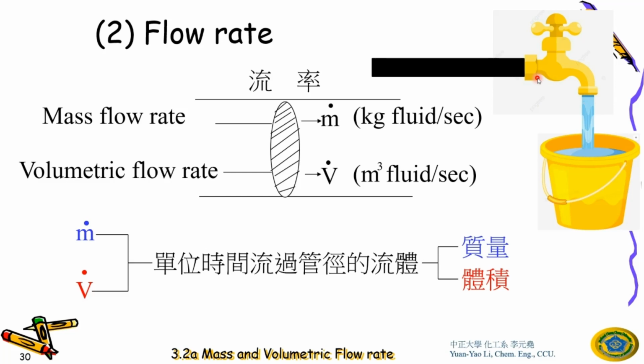So the mass flow rate is the mass divided by time, and the volumetric flow rate is the volume divided by time. That means you open for 1 second and you see how many grams of water are in this tank. Or you can measure the volume instead of the mass, so you can use the volume divided by time.